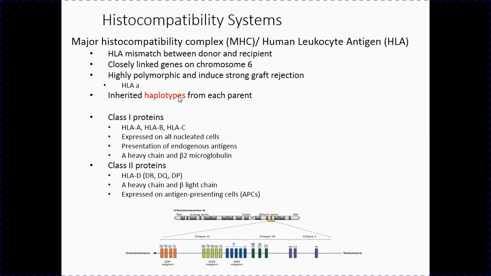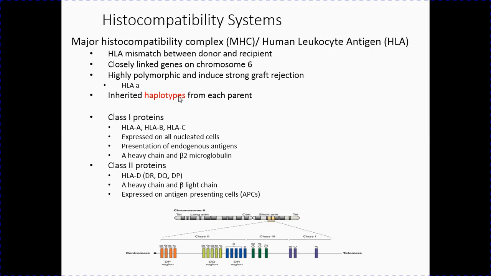Let's remind ourselves about the functionality of MHC. What is the goal of an MHC, what does it do? It's designed to process antigens into small particles and then present them on the cell surface to T cells.